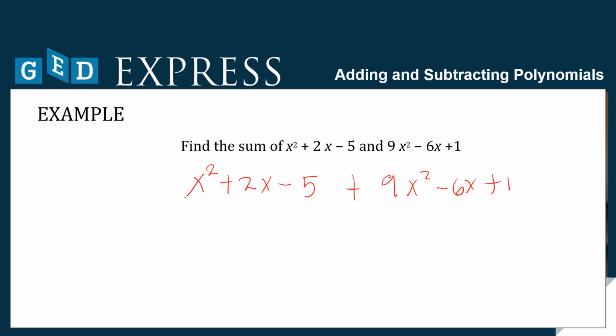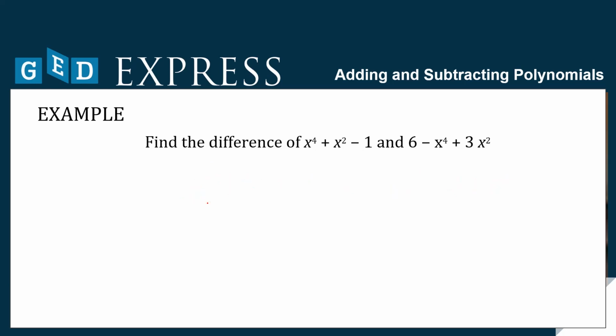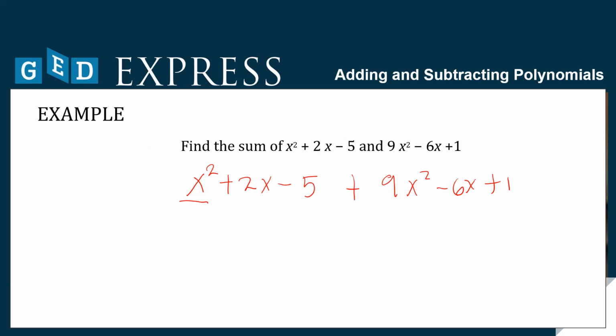First, we have x to the power of 2 and 9x to the power of 2. x to the power of 2 plus 9x to the power of 2, we have 10x to the power of 2.